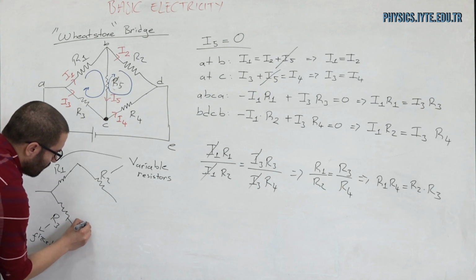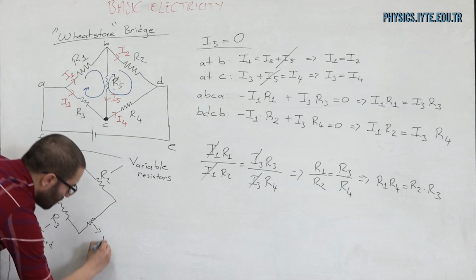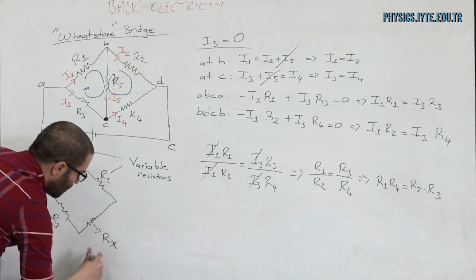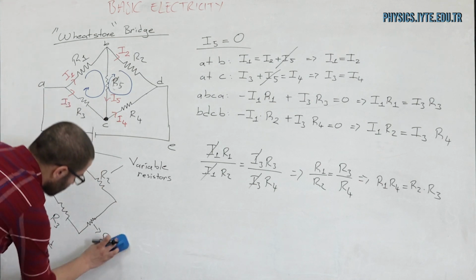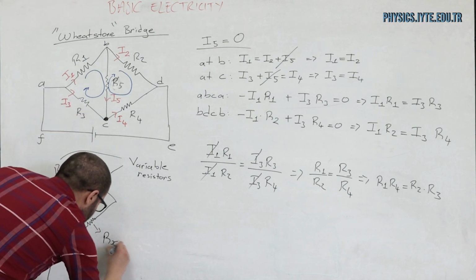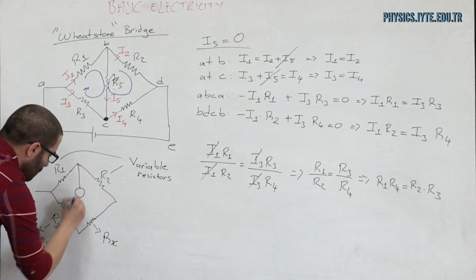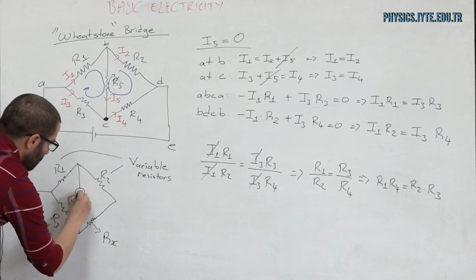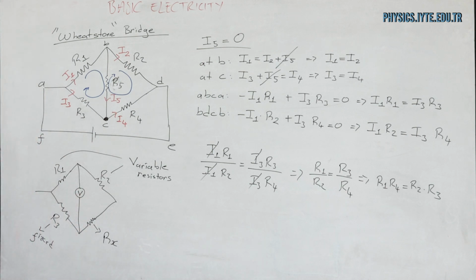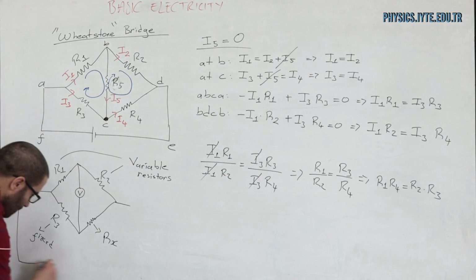And then I have a resistor here for which the resistance value is unknown, which is called Rx. And I'm going to put a voltmeter here and connect this to a power supply.